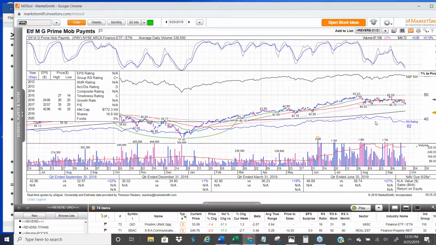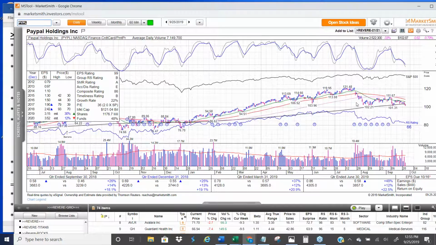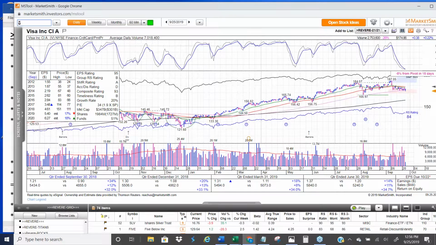And that coincided with the PayPal gap down on earnings, which was a little bit sooner than that. We held PayPal. We got out of it after this gap down on earnings. But notice Visa and MasterCard are also catching this 21 EMA rollover flu, unable to get back above it.